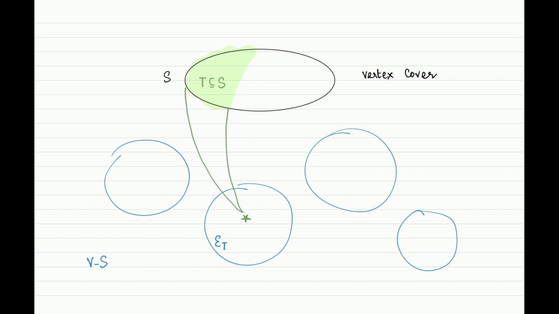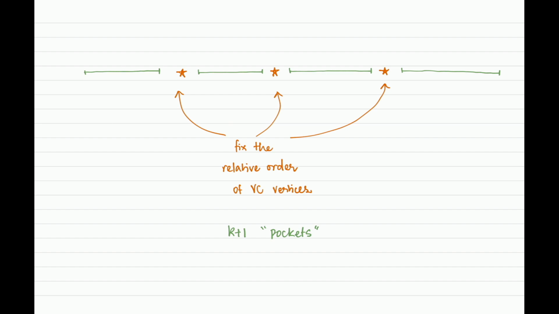Okay, so with that said, let's go back to this picture where we said that we will guess the relative order of the vertex cover vertices. Once we have done this, it gives us a bit of a scaffolding or a blueprint for how our final layout will look, even though we don't know the specifics yet. Essentially, these k vertex cover vertices determine k+1 locations of interest.